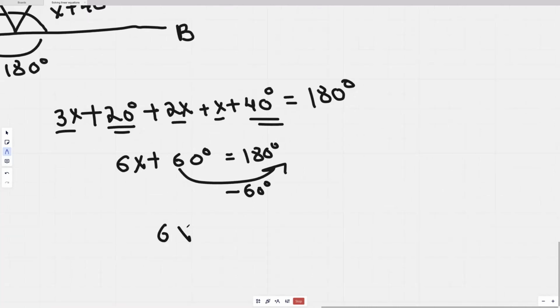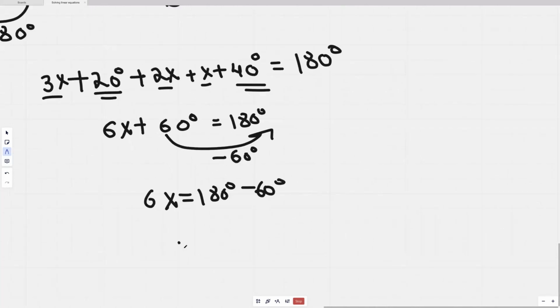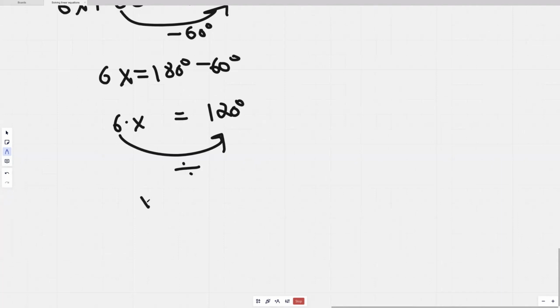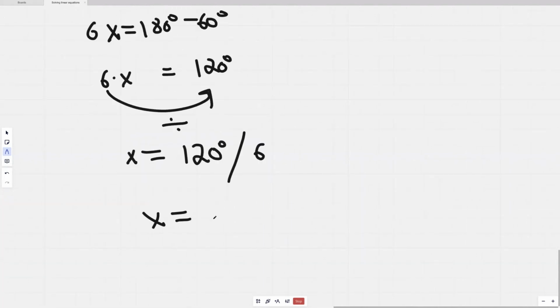So 6x is equal to 180 degrees minus 60 degrees. And then 6x is equal to 120 degrees. And we have to move the 6 here by dividing. Then x is equal to 120 divided by 6. And then x will be equal to 20 degrees.